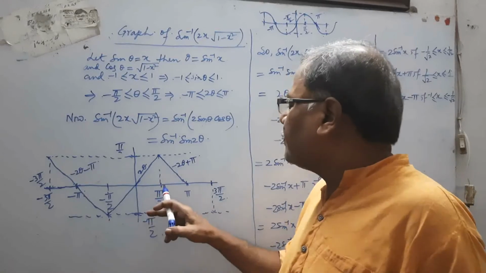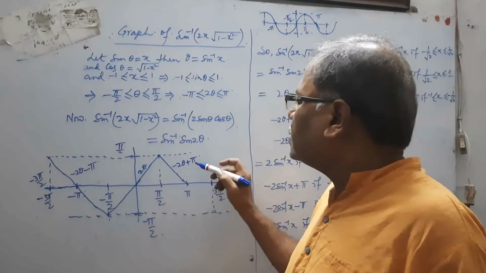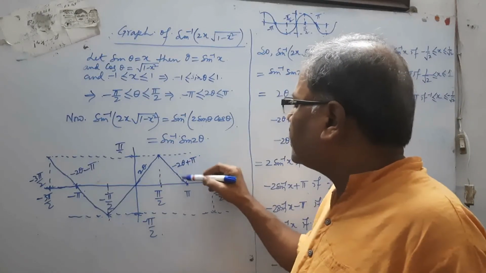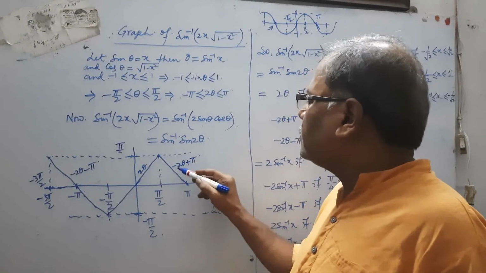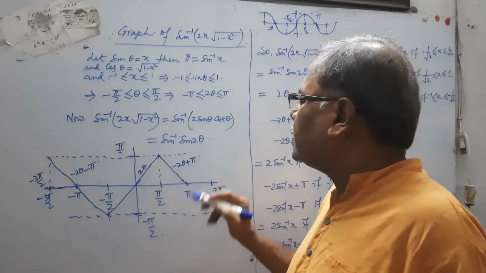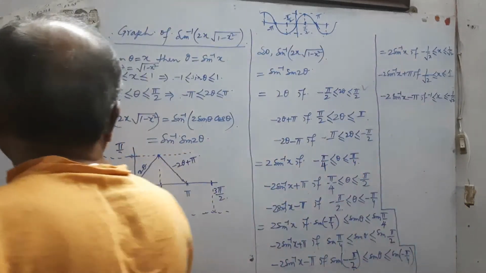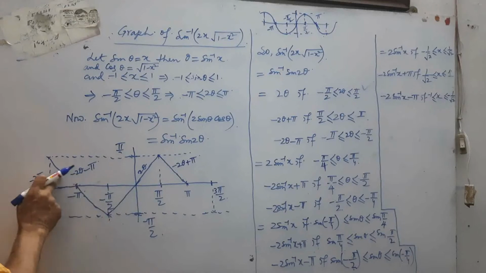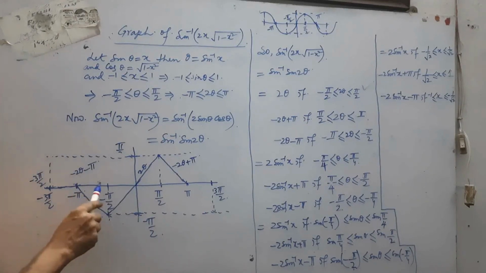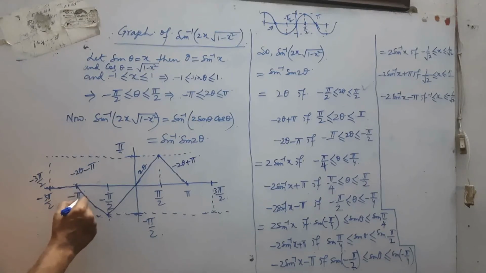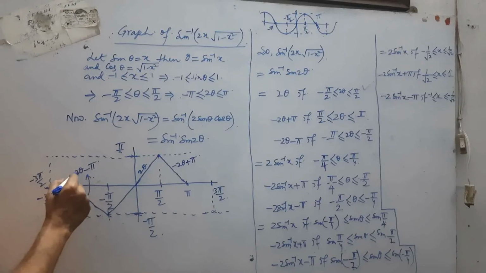So from pi by 2 to pi, this straight line will represent sine inverse sine 2 theta, which is equal to minus 2 theta plus pi. Over here also we have to restrict only up to minus pi, so that from minus pi by 2 to minus pi our straight line will be this one, that is minus 2 theta minus pi. I hope till this point it is clear to all of you.